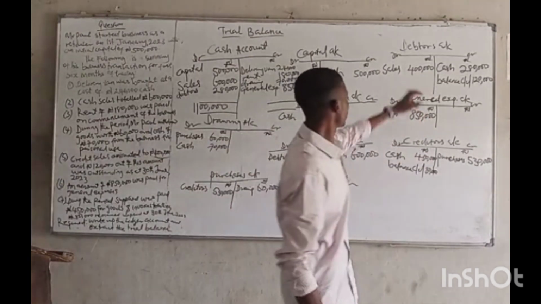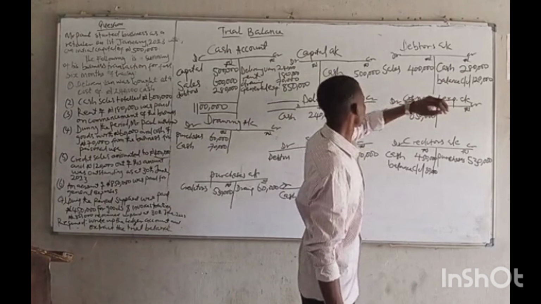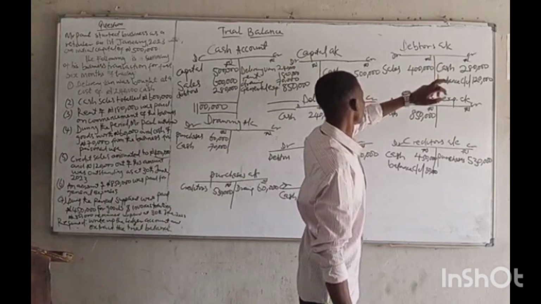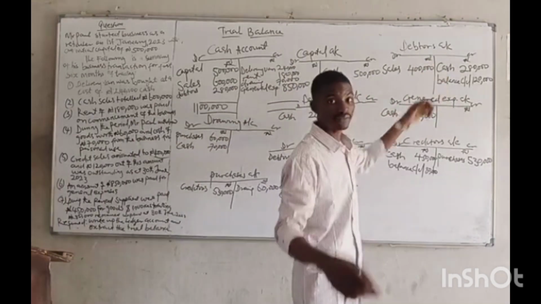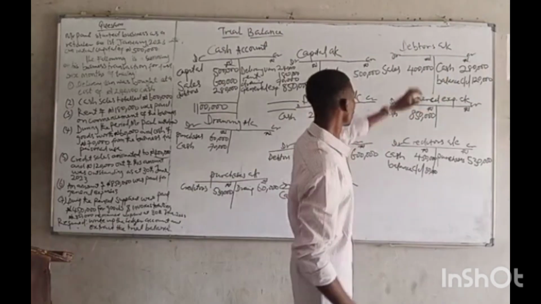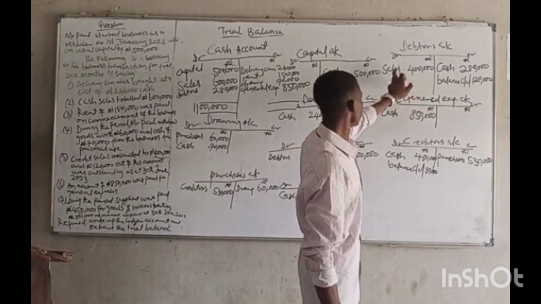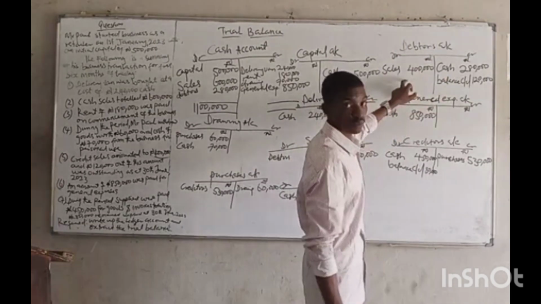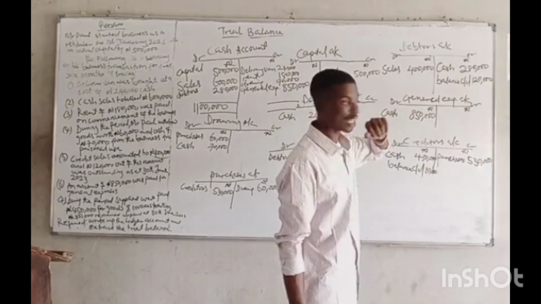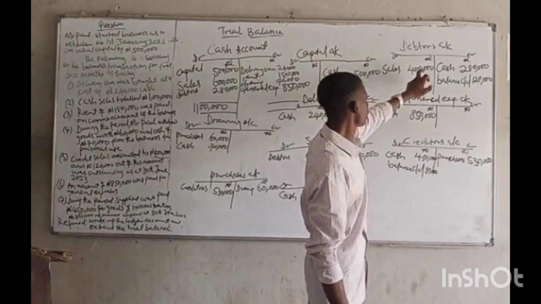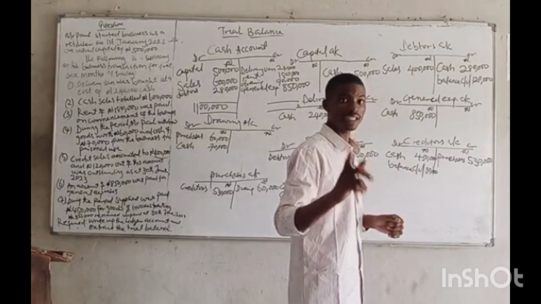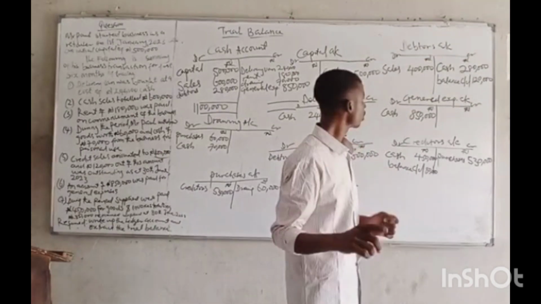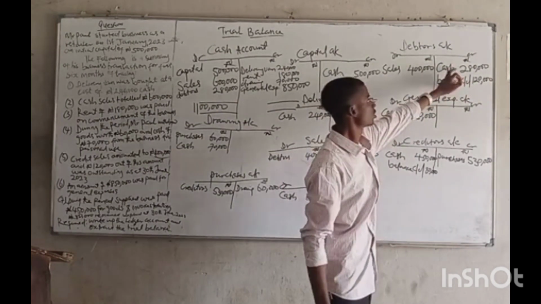So if you look over here on the board, see this is the debtors account, and the debtors account always has a debit balance. So we debit it in the name of sales account, so that the corresponding entry will go to the sales account. So the total money is 400,000 naira, but we have already received cash of 280,000 naira.